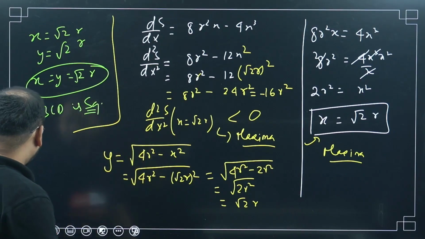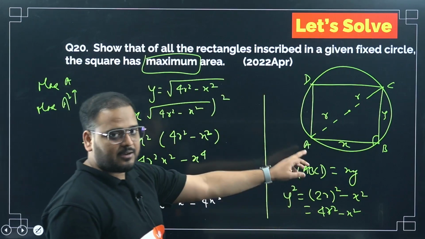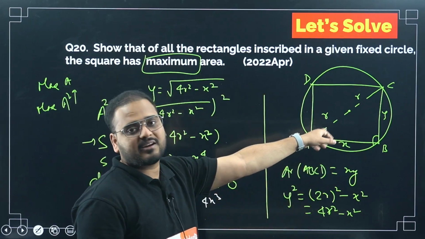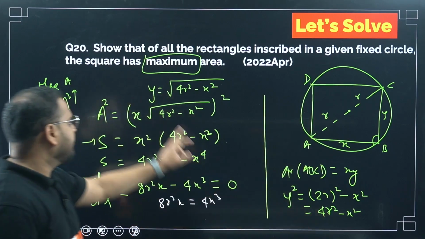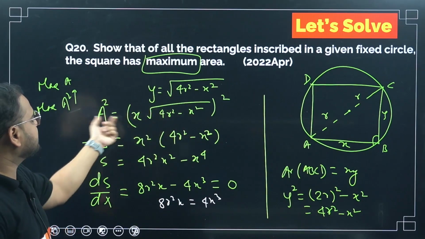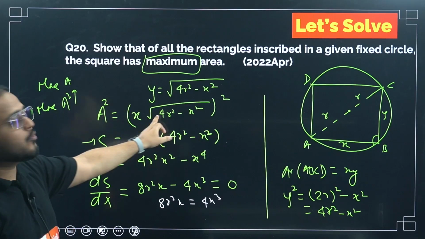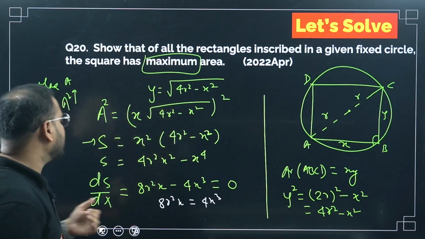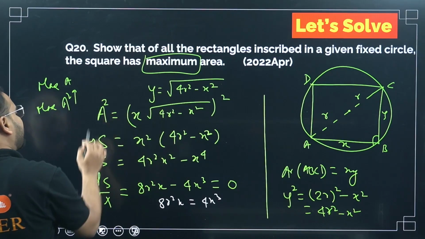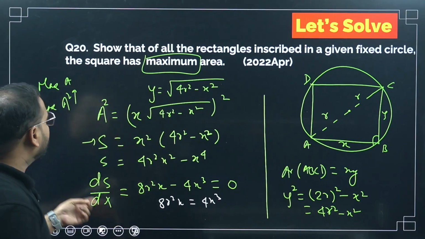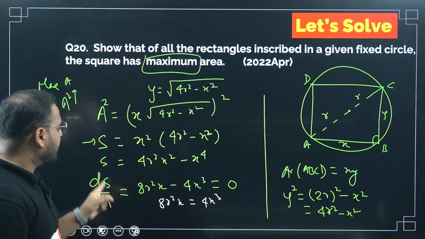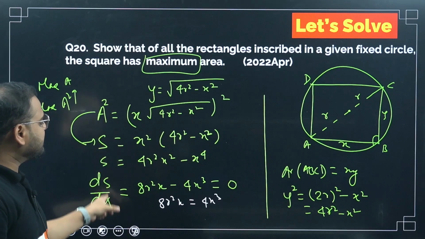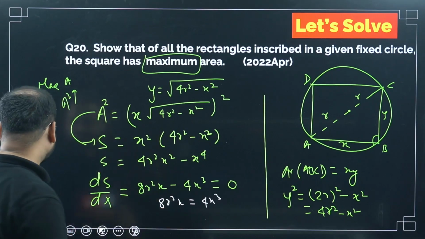I hope this is clear. I took it to be a rectangle. Sides were x and y and the diameter was 2r. I got y in terms of r and x. To do the differentiation, use the formula for x and y. Square it to remove the square root so the differentiation is easy. Instead of maximizing a, I maximize a square. When a is maximum, a square is also maximum. So I took a square as s and maximized s by finding the first and second derivatives.